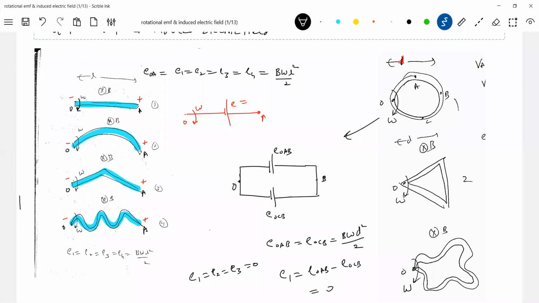So regarding potentials, VB is greater than VA, and VA is greater than VO, and VA equals VC. These are potentials with respect to O that we are comparing. This I'll shade.